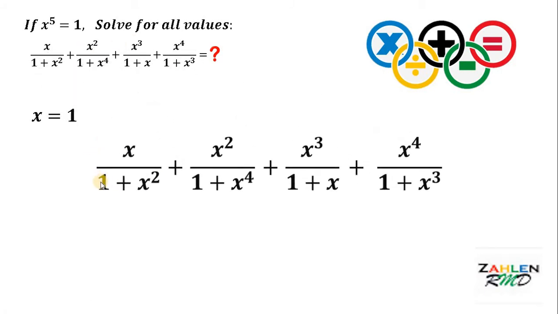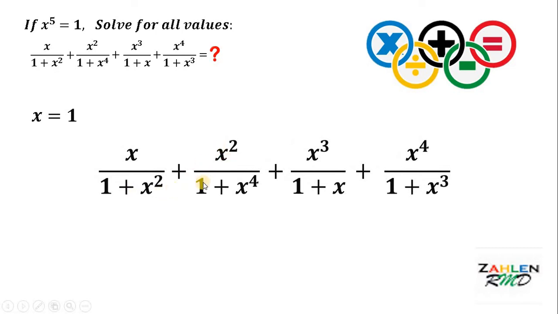Now let's focus on this expression. We have x over 1 plus x squared, over 1 plus x to the fourth, and so on and so forth. Now we know that in first case, x equals 1. Therefore, we can replace all x by 1. If we do that, we get 1 over 1 plus 1 squared, over 1 plus 1 to the fourth, and so on and so forth.